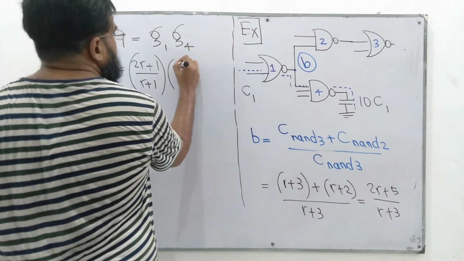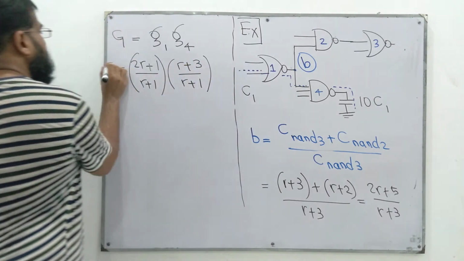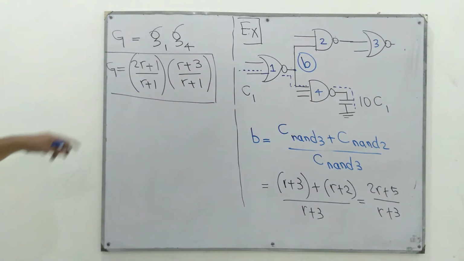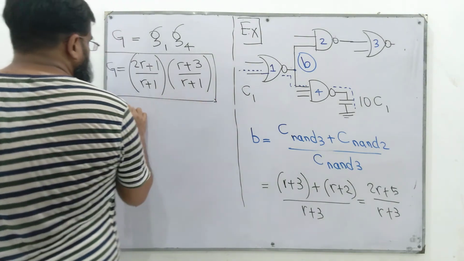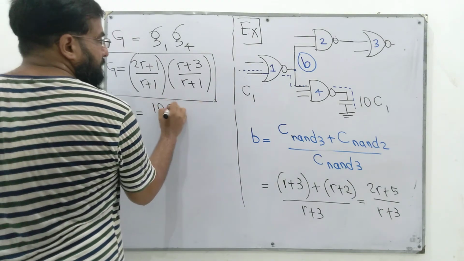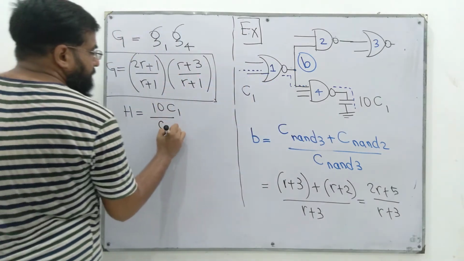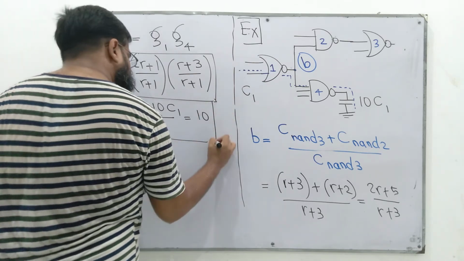It's a NAND 3 gate, R plus 3 over R plus 1. This is the expression for capital G. And capital H remains the same because it is the output capacitance of the last gate divided by the input capacitance of the first gate. It remains equal to 10.